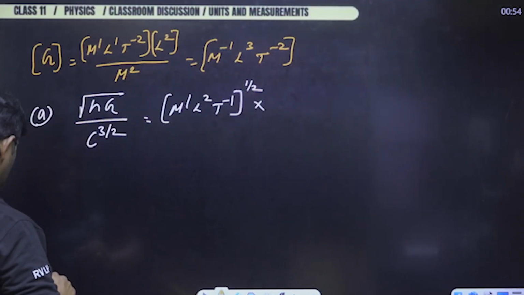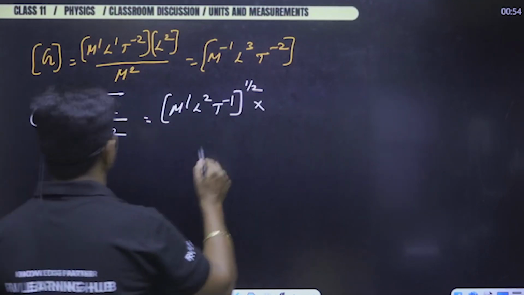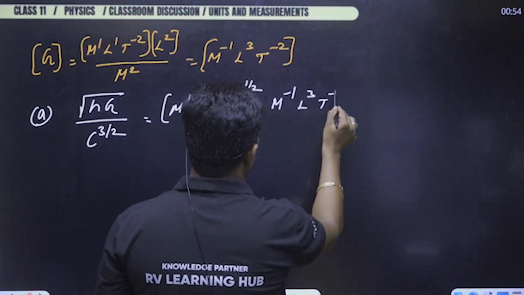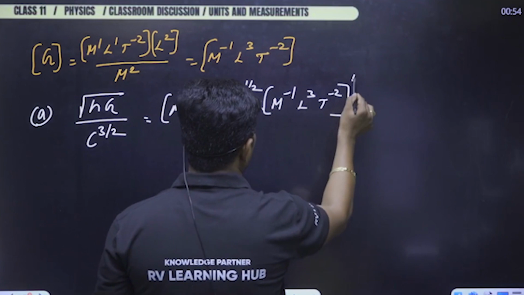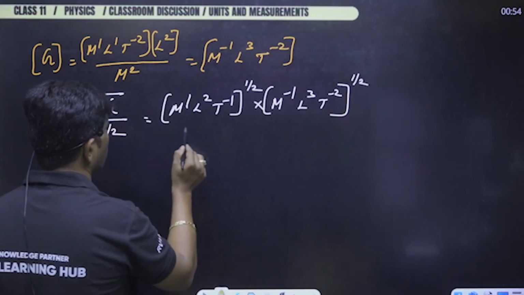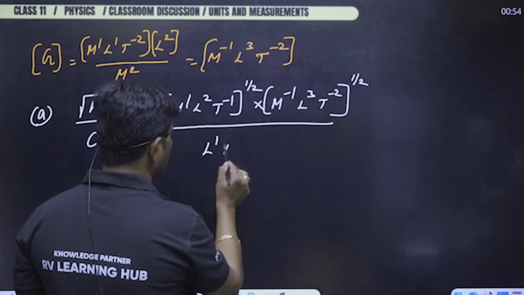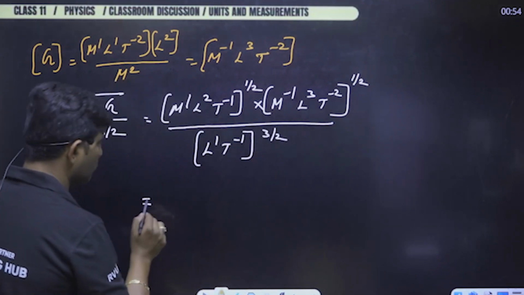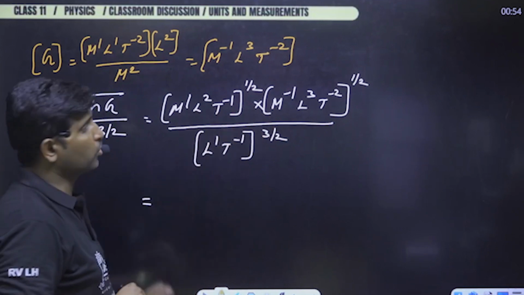M power minus 1 L power 3 T power minus 2, whole power 1 by 2, divided by L power 1 T power minus 1, whole to the power of 3 by 2. So just do the multiplication, you'll get the answer.